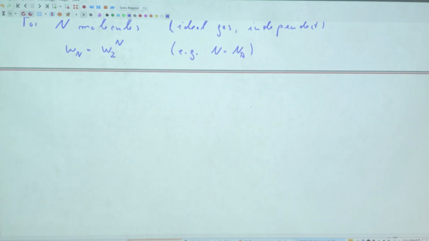And since these are huge numbers, it's often practical to use the logarithm.